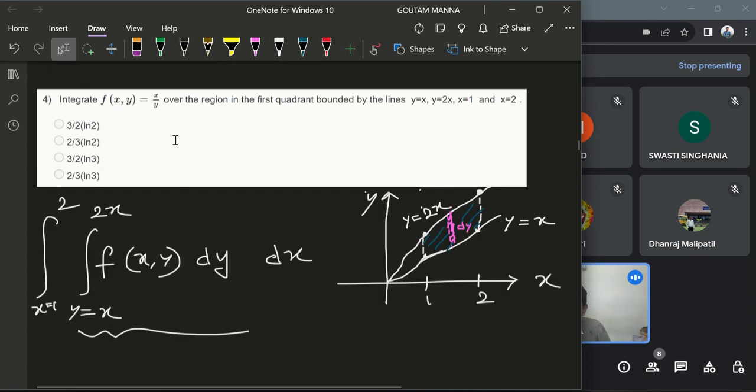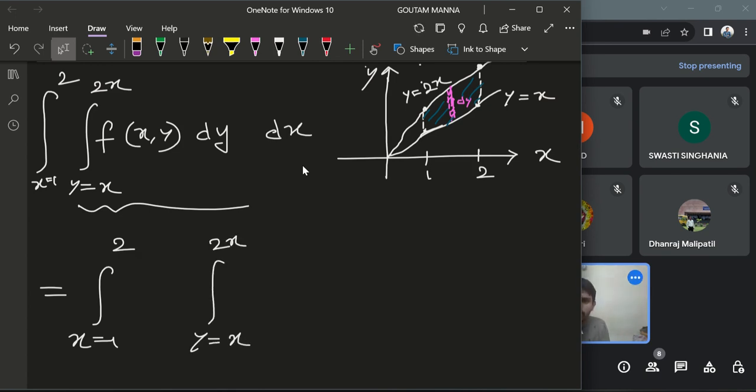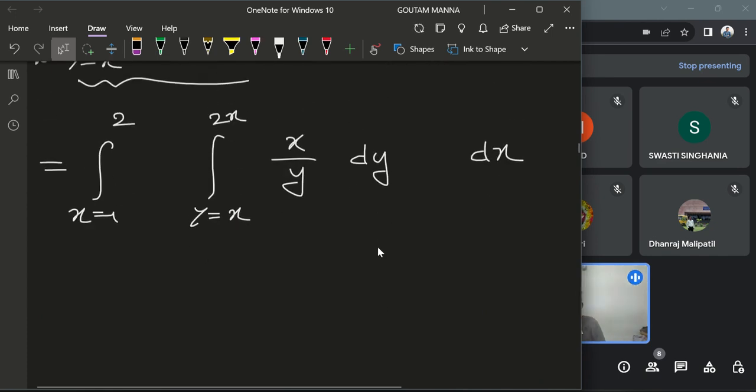And f of xy is x by y, so the integral is x equals 1 to 2, y equals x to 2x, x by y dy dx. Now while I'm integrating with respect to y, I can put x outside this y integration.